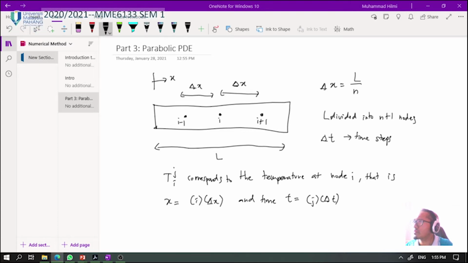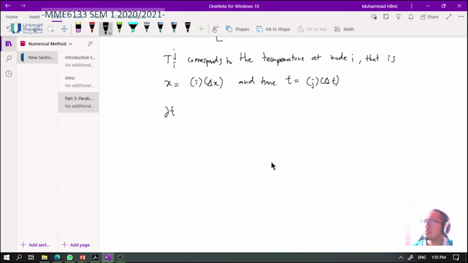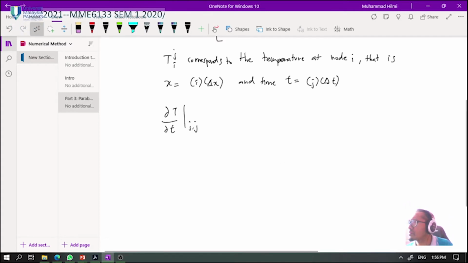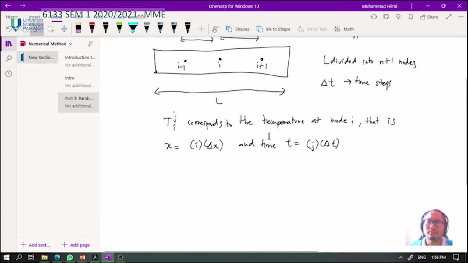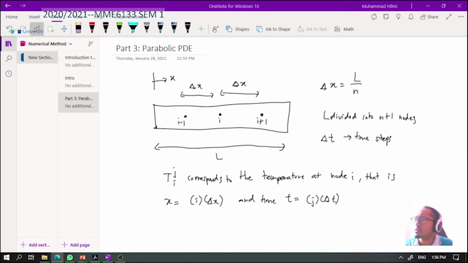Therefore we are going to get T_i^j, where j is for the time and i is for the location, corresponding to the temperature at node i, that is x equal to i times delta x, and the time t will be j times delta t. So this is how we are going to discretize the rod.